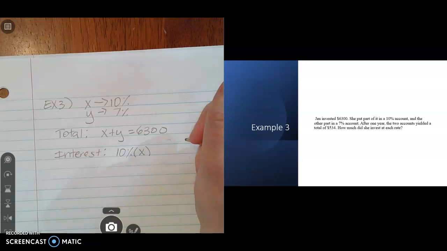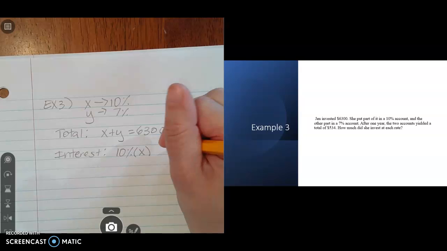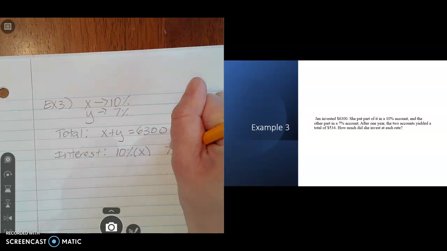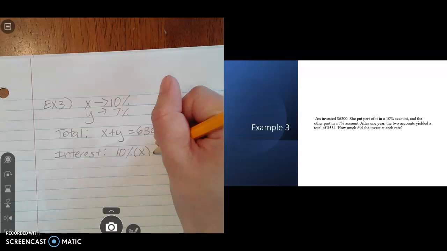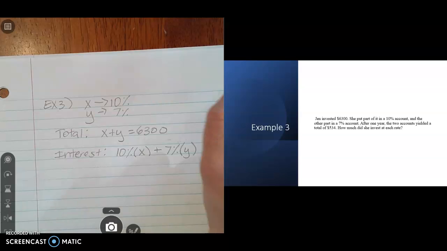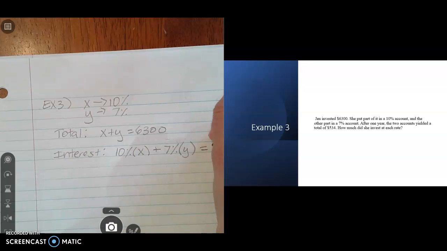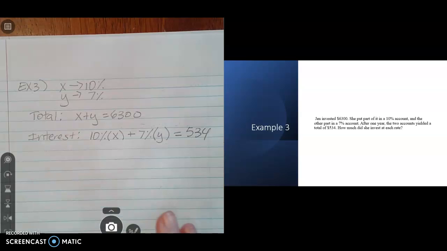For the interest from the 7% account, we do the rate, 7%, times the amount invested there, which is y. And then the total amount of interest, which means we add those interests together, is equal to $534.